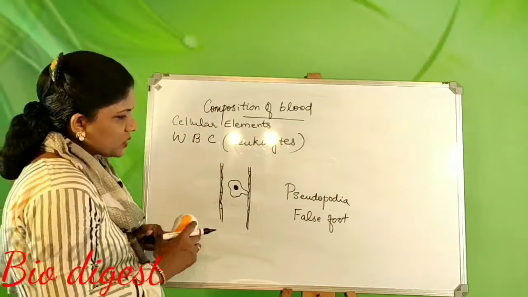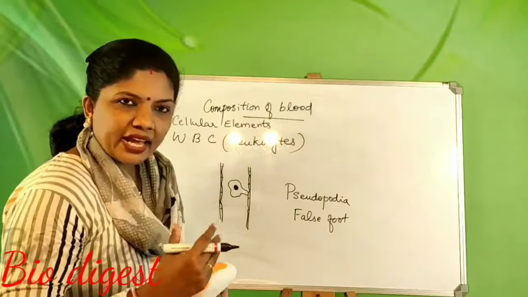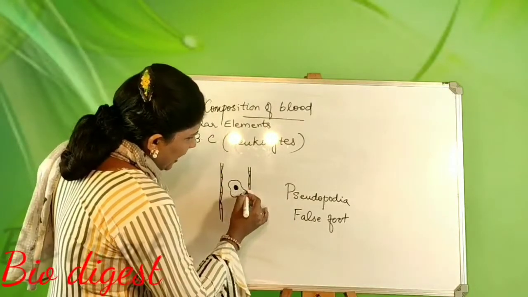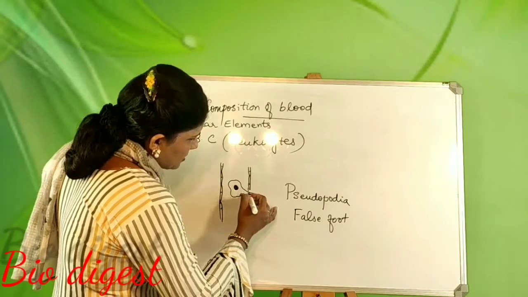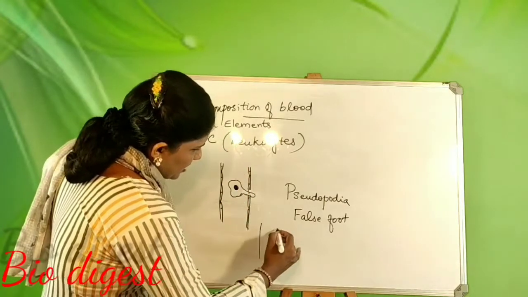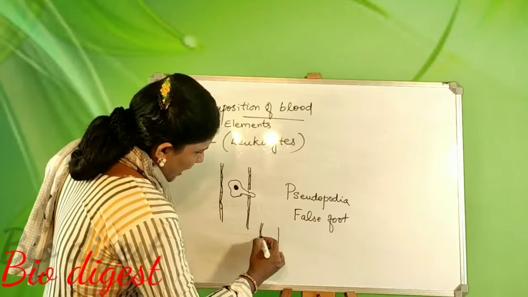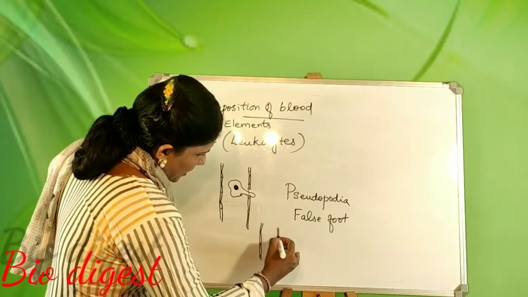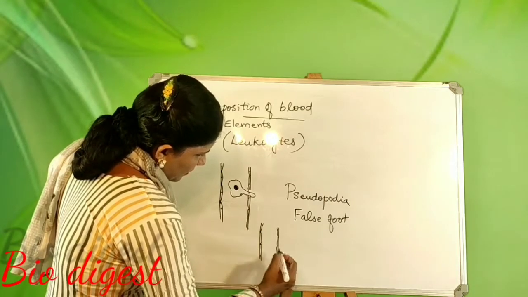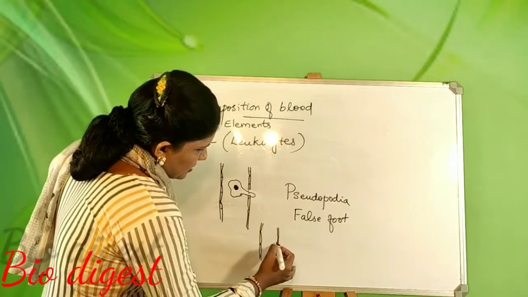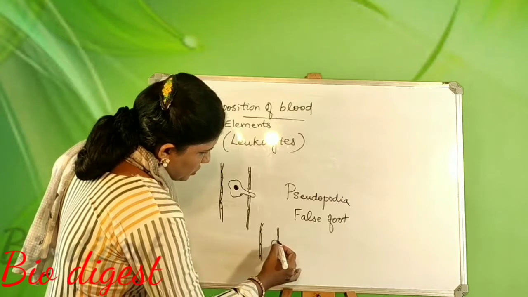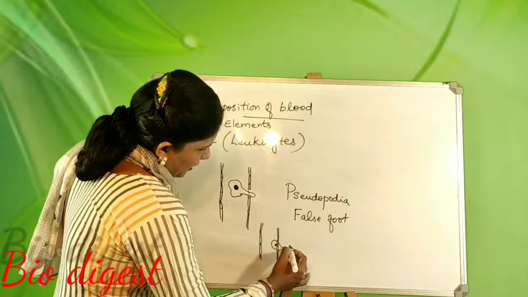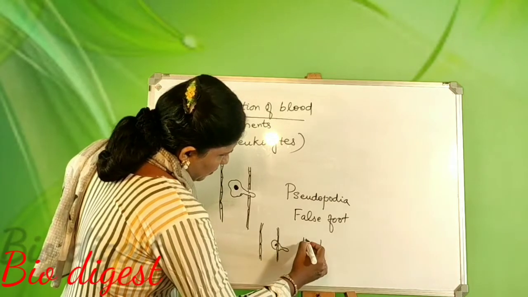By producing the pseudopodia, they are actually able to squeeze out through fine narrow capillaries, okay, like this. So I'll draw the next diagram, as a result of which what will happen? Okay, they are trying to move out through these capillaries, and finally these WBCs, they will be squeezing out like this by producing the pseudopodia, okay, and they will be moving out.